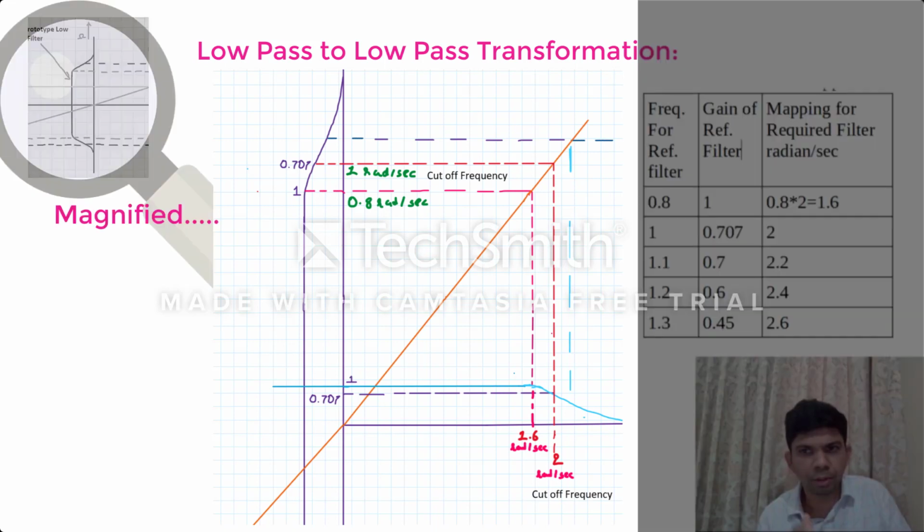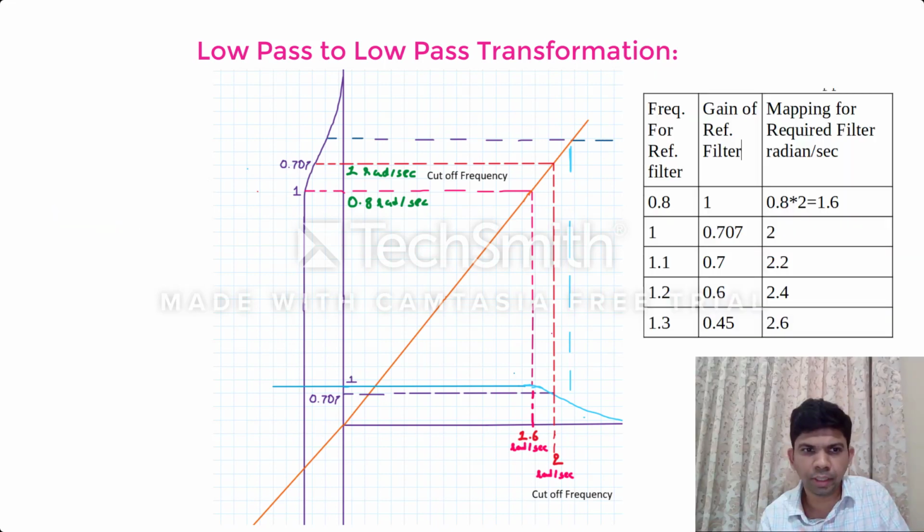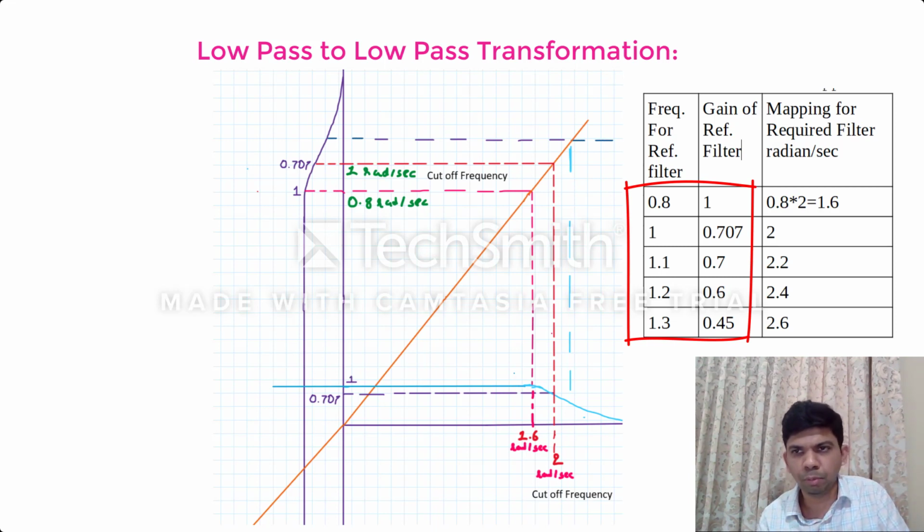The magnitudes at these points are replicated from the magnitude characteristics of the reference prototype filter, and as you can see in the table, it is 1 for 0.8 radian per second, 0.707 for 1 radian per second, 0.7 for 1.1 radian per second, 0.6 for 1.2 radian per second, and 0.45 for 1.3 radian per second for the normalized reference low pass filter.